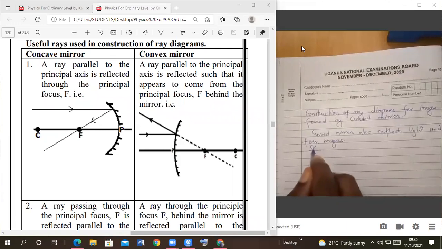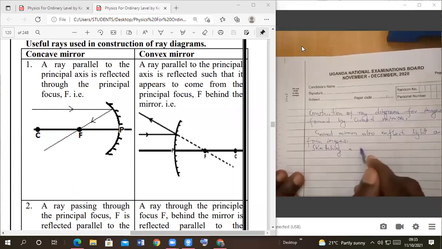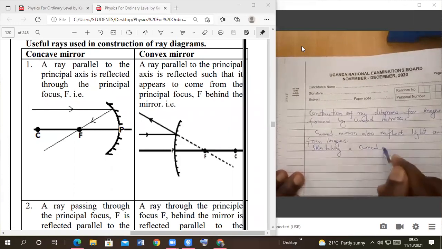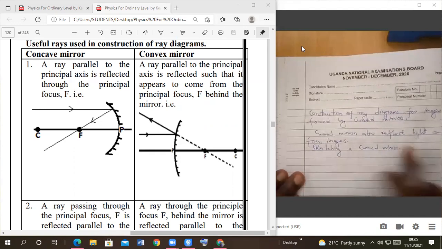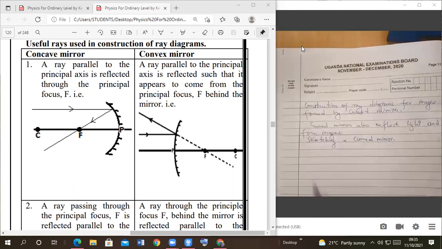Subheading, sketching a curved mirror. How do we sketch?